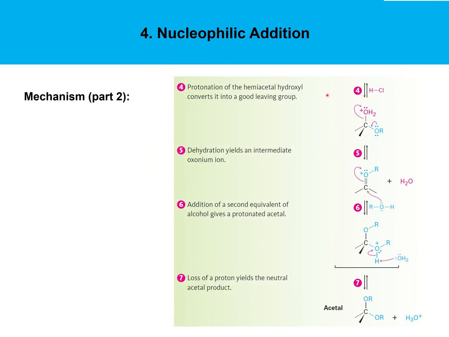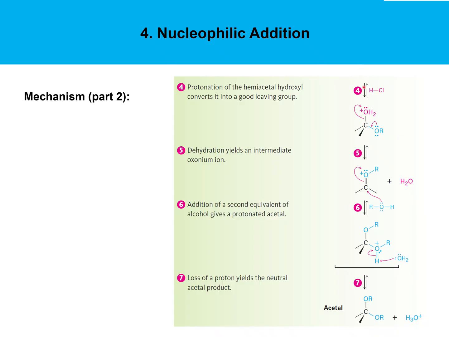This is the second part of the mechanism. So starting with the hemiacetal, the first step would be protonating the hemiacetal with HCl. And so the hemiacetal, you might recall, has an OH and it has an oxygen and an R group attached to that oxygen. So you can think of this as an alkoxide and an alcohol attached to the same carbon.